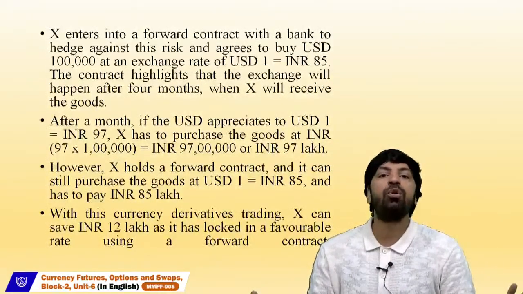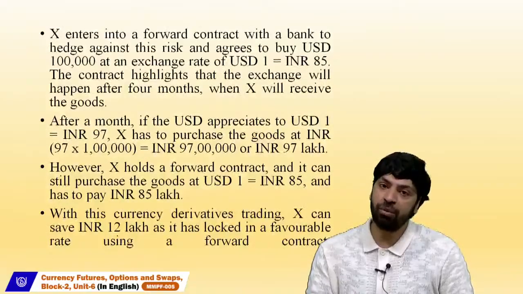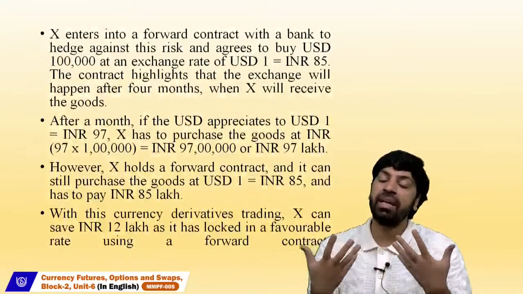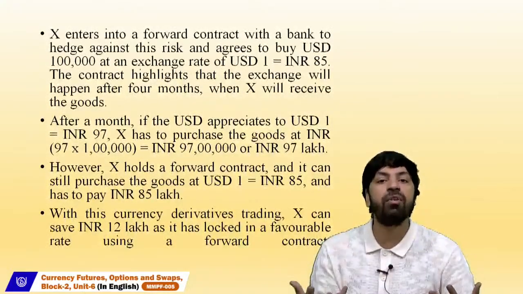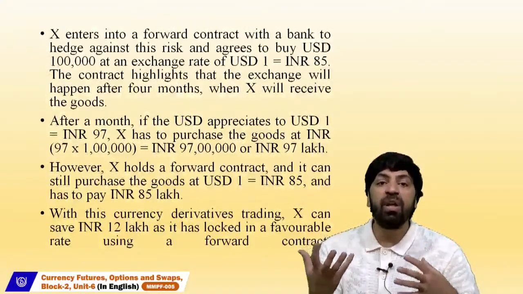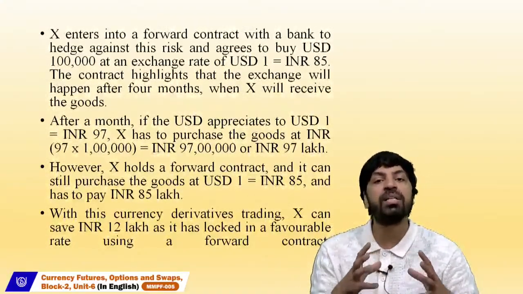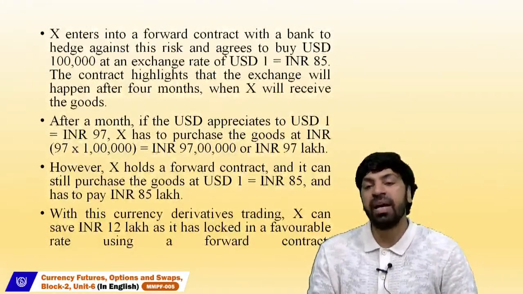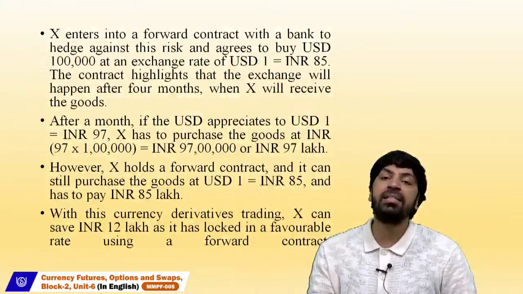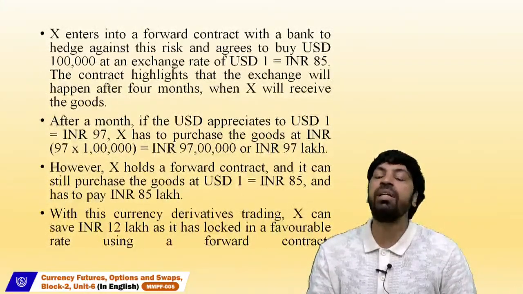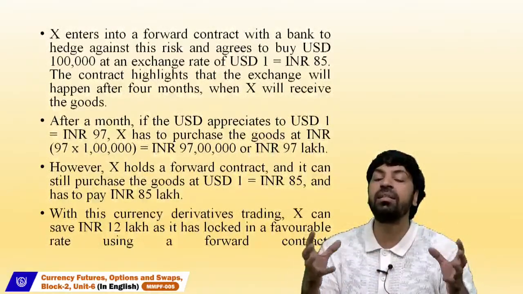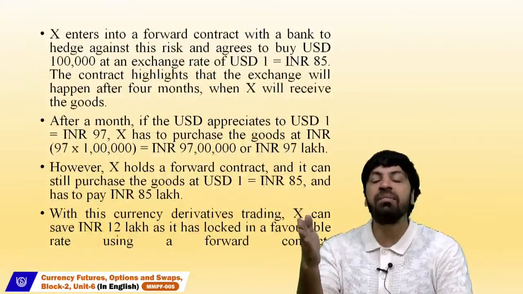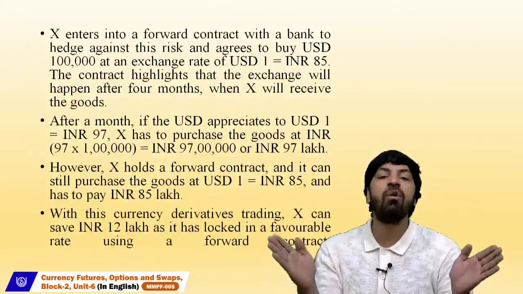However, X holds a forward contract. As I told, X entered into a forward contract, which means it will purchase the goods at US dollar 1 equal to Indian rupees 85. So whatever exchange rate has been fixed, that is $1 equal to 85 rupees, X is ready to pay 85 lakhs for its goods.